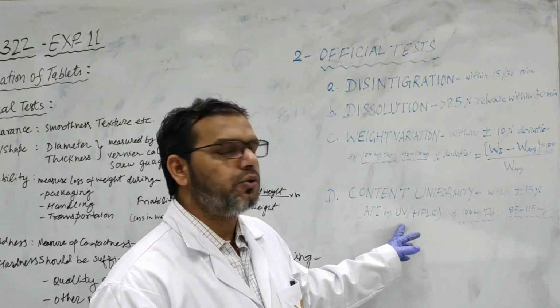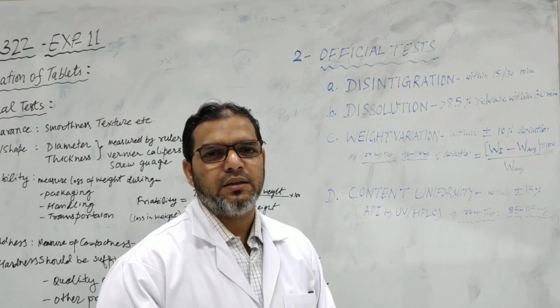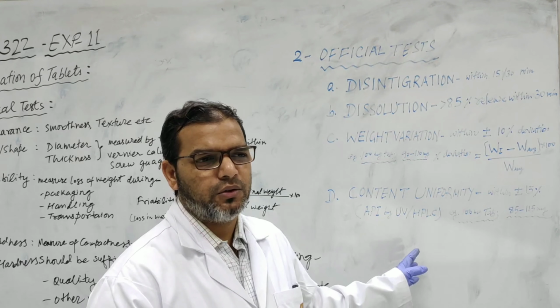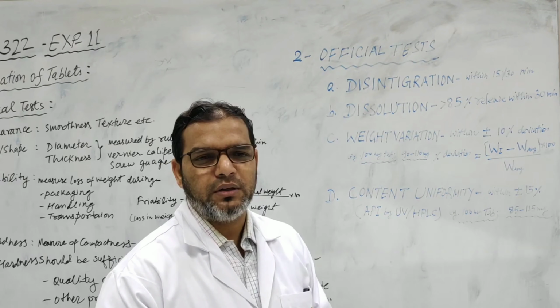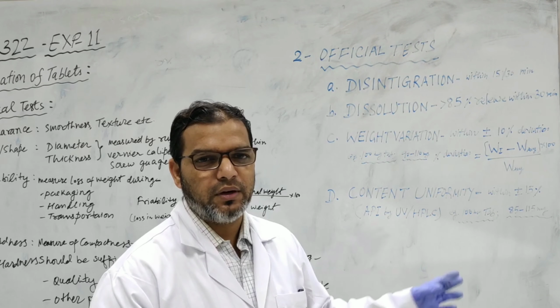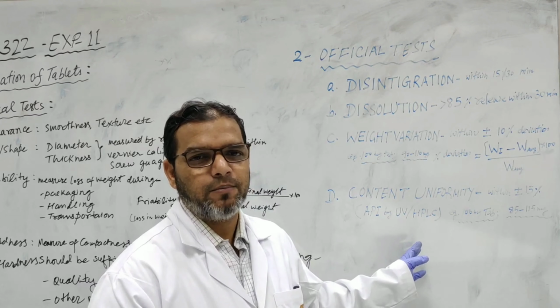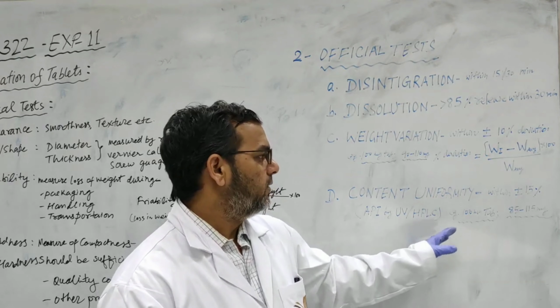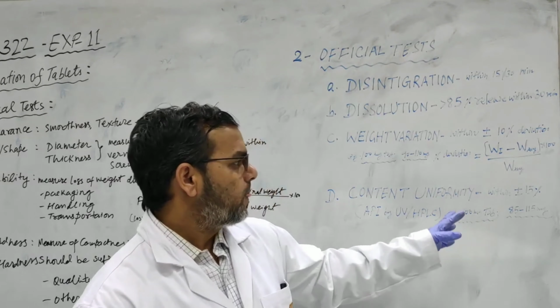So you are going to use UV or HPLC, a kind of analytical tool, to find out the amount of API in every tablet. You take some 10 or 20 tablets and dissolve them individually in the solvent, and then find out the API in all tablets, and then you apply the formula.